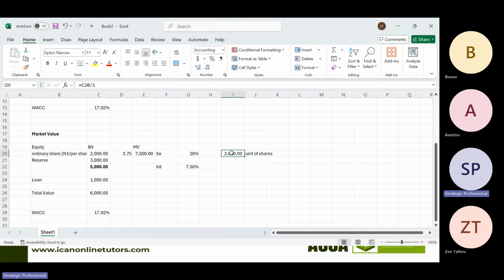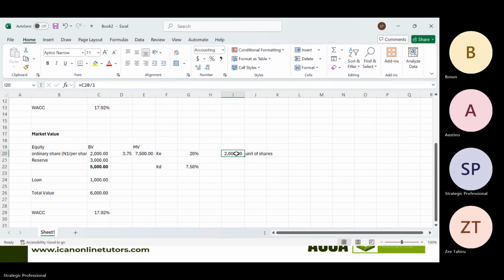If you have 2,000 units of shares, and they tell you the price of your shares in the market at the moment is 3.75, that's what it is traded at. How do you get your market value? Your market value will be your total number of shares multiplied by the current market price of your shares.